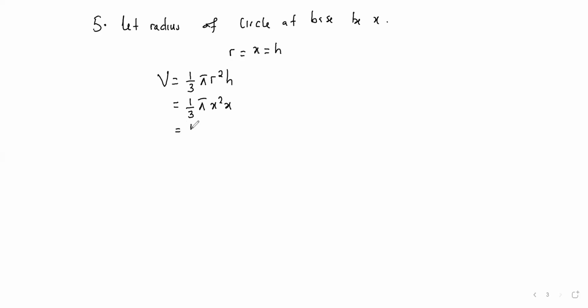Which is equal to 1 over 3 pi x cubed. And then you quickly differentiate. So we'll have 1 over 3 pi times 3x squared, and then dx/dt. Remember, we are told that the sand is falling out of the tube at 1 cubic meter per second. That is the rate at which volume is changing.